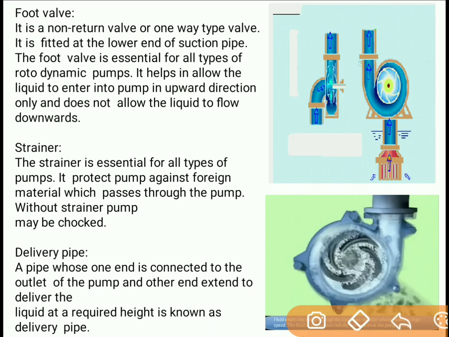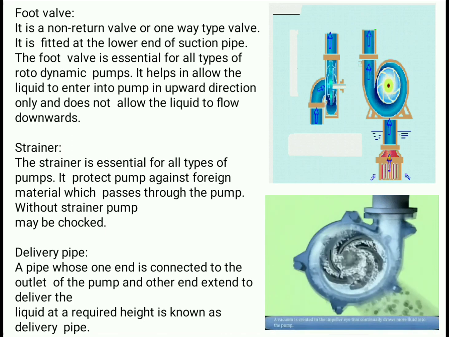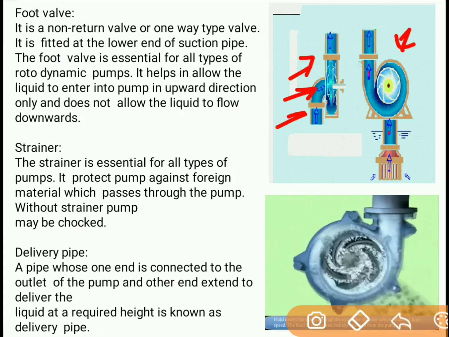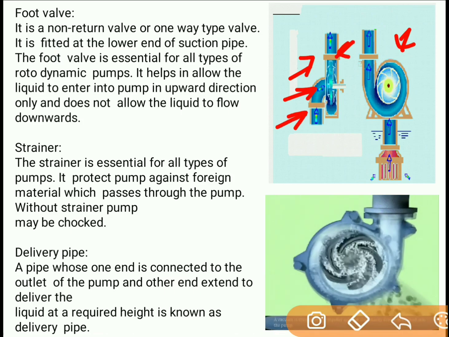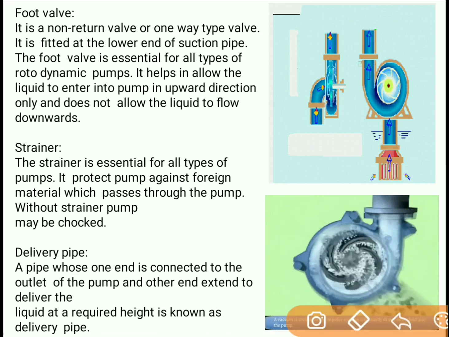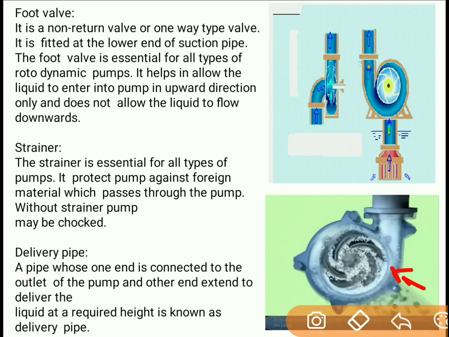You can see these two animations of the centrifugal pump. This is the front view and side view of the centrifugal pump. Liquid enters from the center. This is the suction pipe and this is the delivery pipe. You can see the animation over here also in the bottom. The liquid is entering at the center, and as the blades rotate, it gets pushed in the radially outward direction.